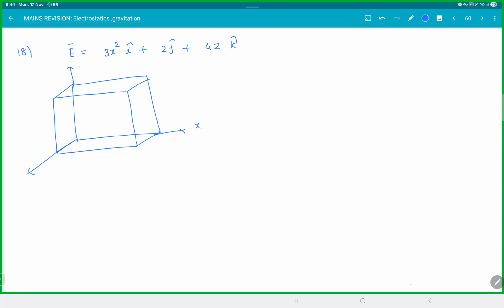This is x, this is y, and this is z. This is origin, and the x coordinate is 1, 0, 0, and the y coordinate is 0, 2, 0. Z is 0, 0, 3. It's a cuboid. Find the flux in the cube. Find the charge in the cube.